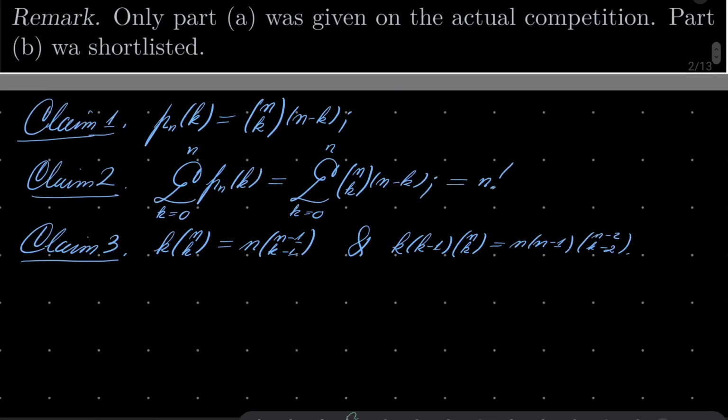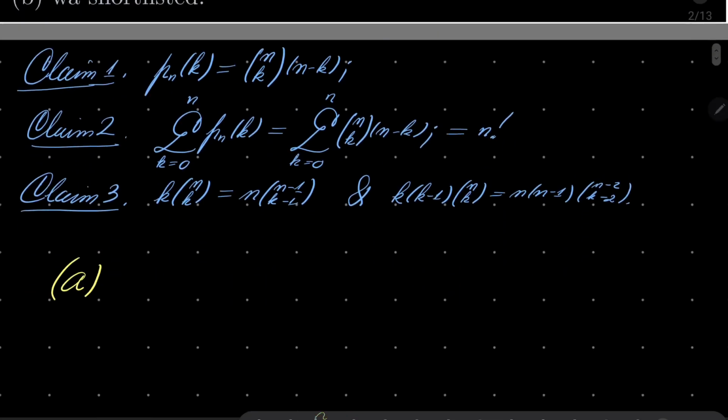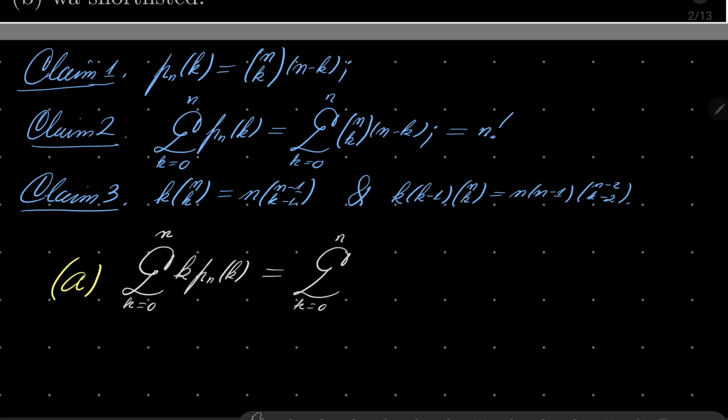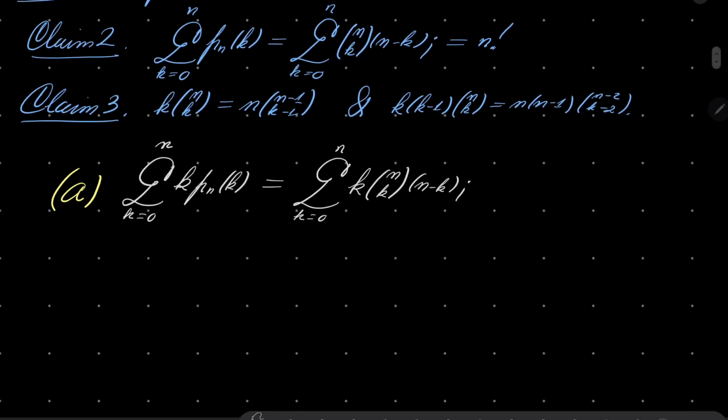Part A. Let's start with part A, which was actually given on the Olympiad. We wish to compute this sum, going from 0 to n, of k times Pn of k. Well, as we know, instead of Pn of k we can put n choose k times n minus k subfactorial.